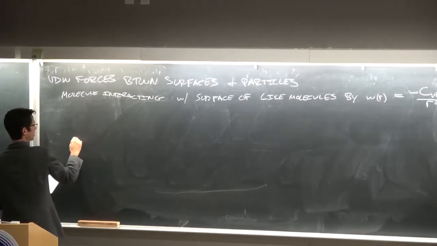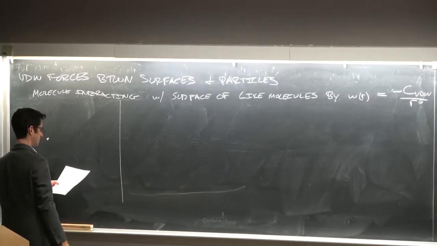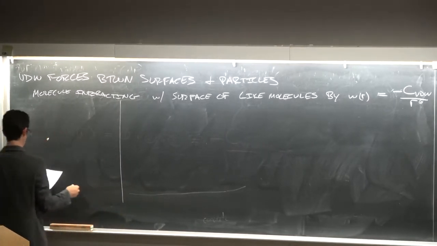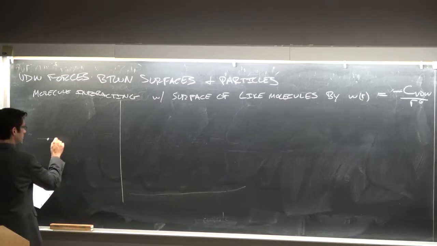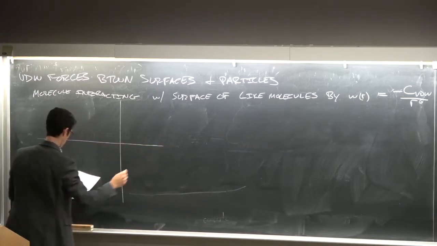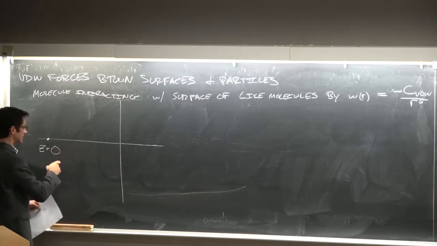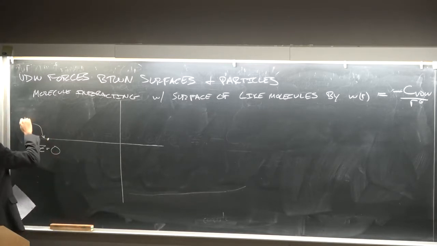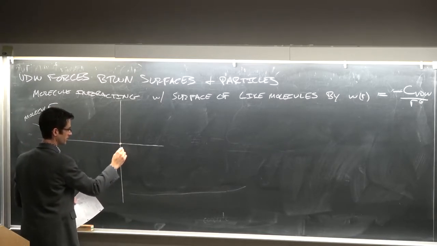So here is our molecule. Here is our surface of like molecules. And we'll call this the z-axis, where this molecule here is interacting with this surface of like molecules.